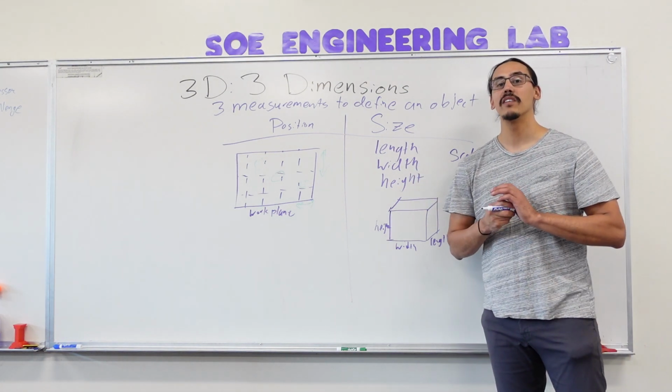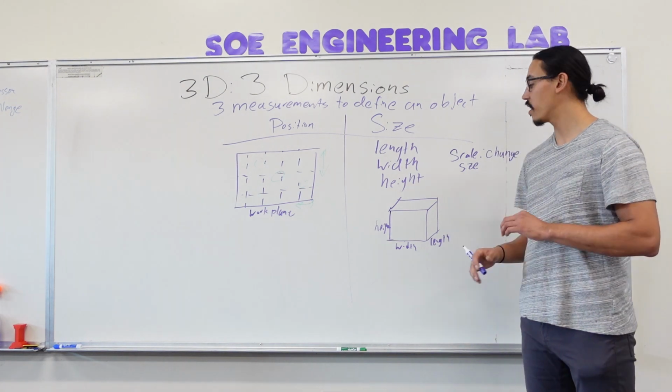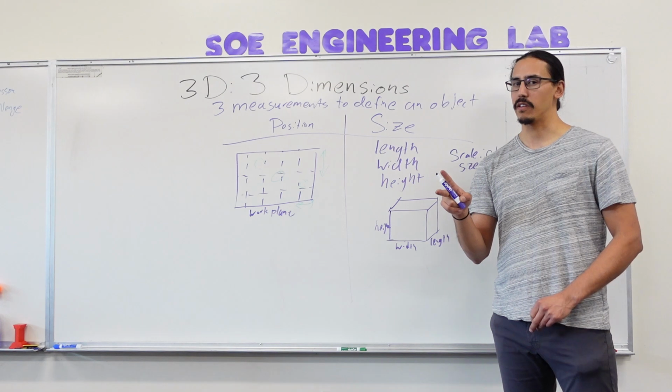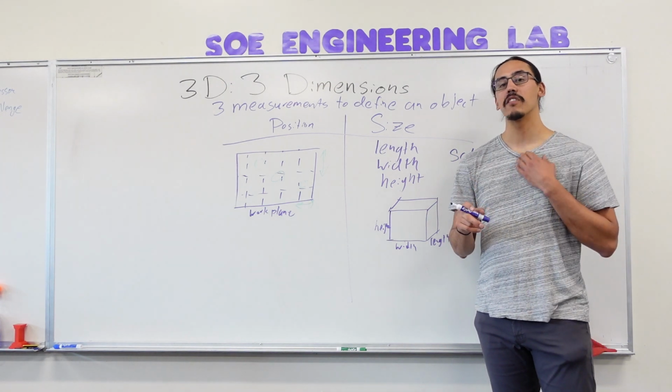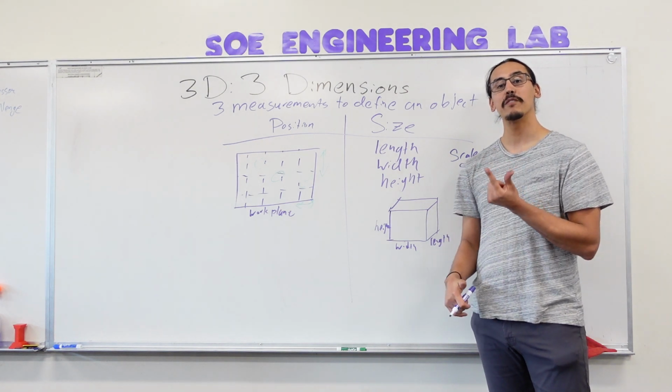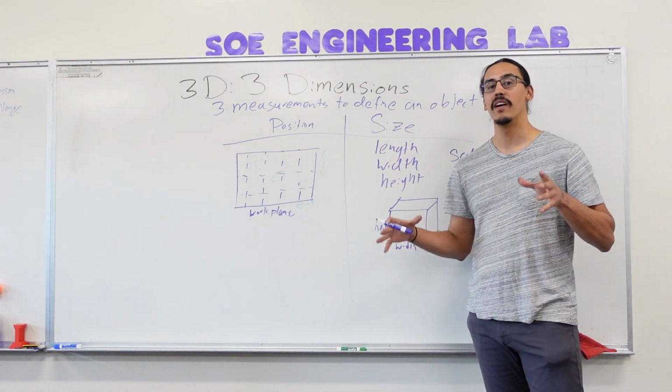Now I do want to mention that sometimes we can get away with only having 2 numbers for this. And that's going to apply to things like cylinders and things like cones. And that's because those have a circle at their base.